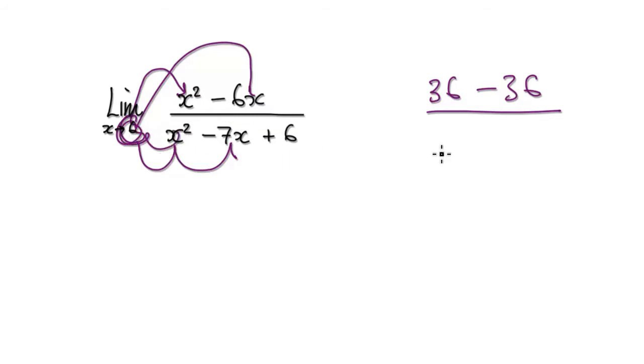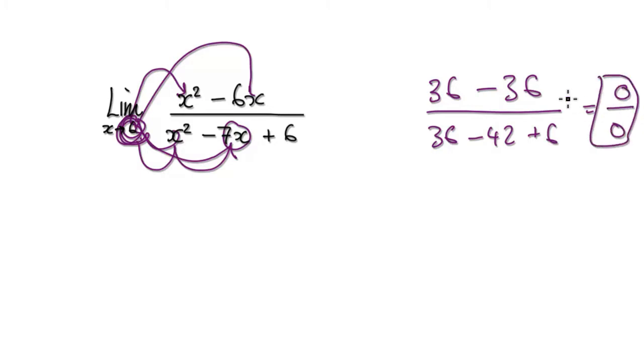This thing squared will be 36. 6 times 7 will be 42, and then plus 6. Well, this is going to be 0 over 0. When it comes to 0 over 0, you can't determine, because sometimes it will have a limit, sometimes it's DNE. You can't determine anything when it's 0 over 0. So you've got to do something cunning.